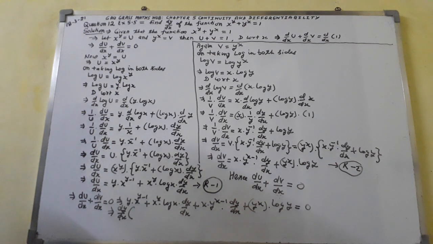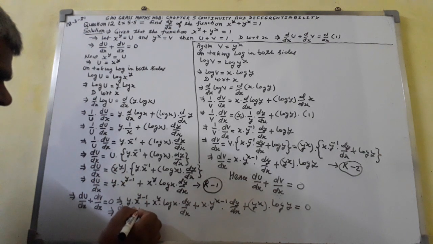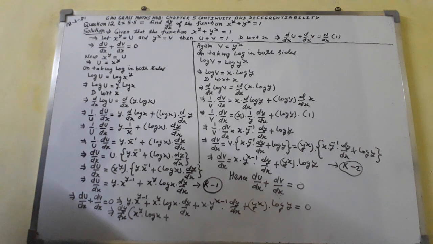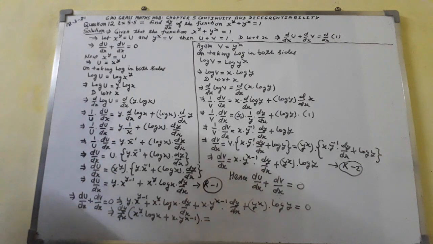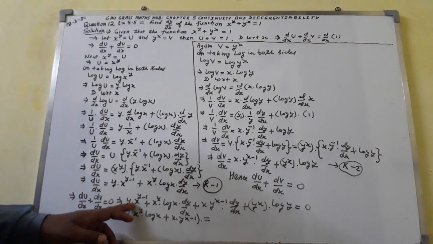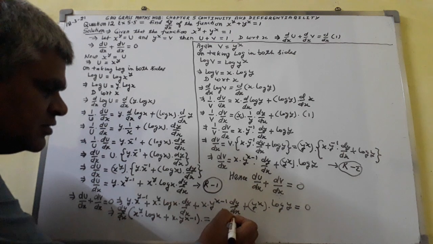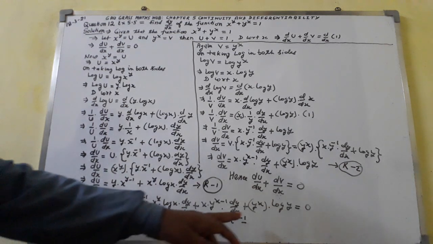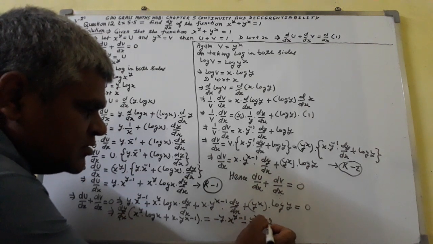So it will become x raised to the power y dot log x plus x dot y raised to the power x minus 1 equal to, the first term on the left-hand side is thrown to the right-hand side, minus y dot x raised to the power y minus 1, minus, and this term is thrown to the right-hand side, y raised to the power x dot log y.